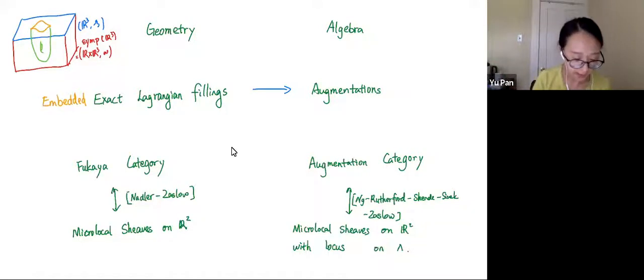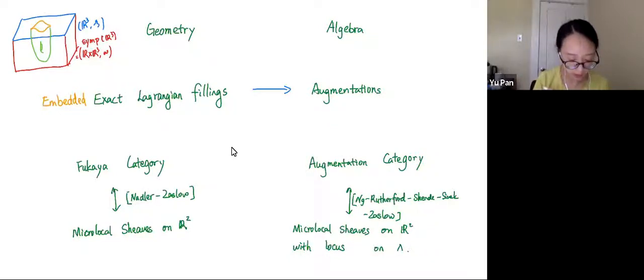We actually know that embedded exact Lagrangian fillings can induce augmentations. This connection between geometry and algebra is actually very nice and can be extended further. Like in symplectic four manifolds, we can consider the Fukaya category, whose objects include exact Lagrangian fillings. And similarly, on this side, we can consider the augmentation category, whose objects contain augmentations.